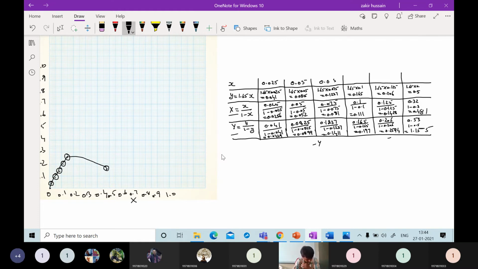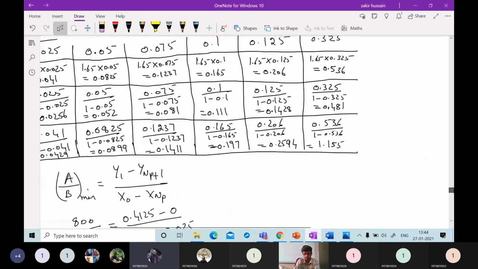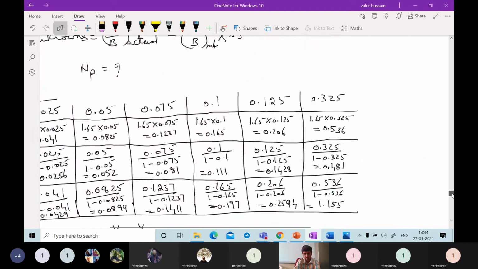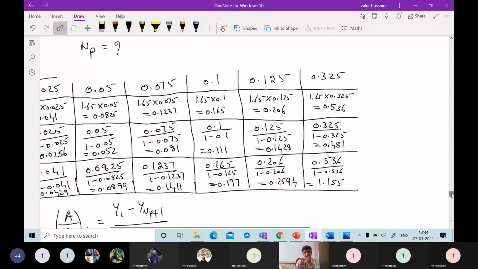Yes, it is 1.15 now, sir, not 0.155, sir. 1.155. Yes, so it will come at the top, sir.